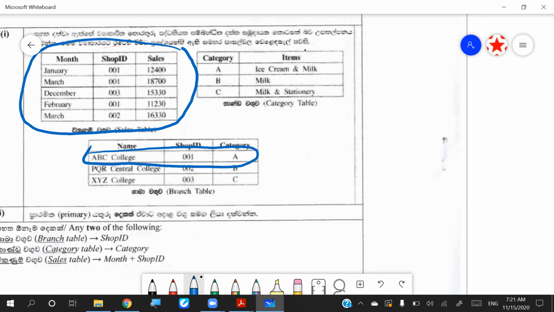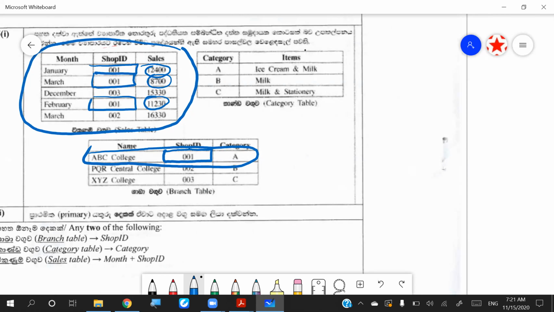In the sales table, we got shop ID and month. So for each and every shop, we can see what the sales are. What we have to figure out is which shop ID belongs to the ABC college. So it is 001, right? Then we refer to the 001s over here, and we take these figures to take the total.